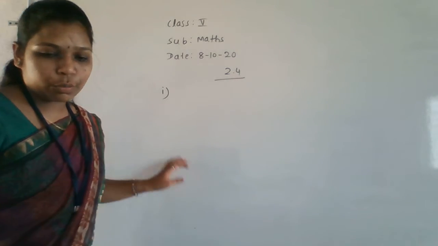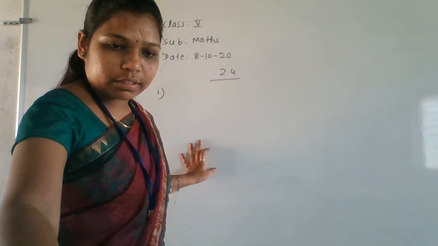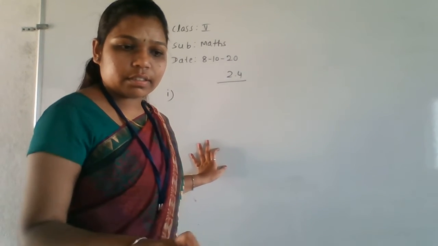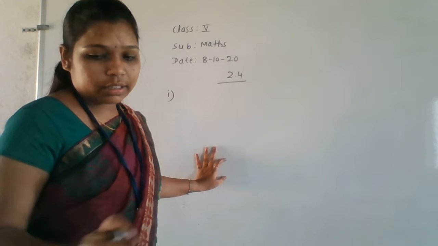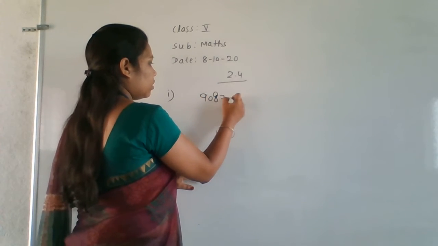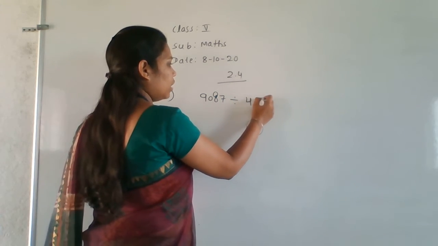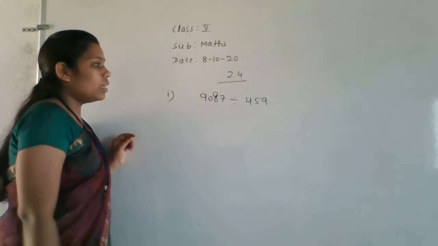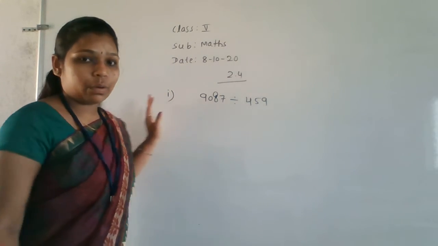Next here, 2.4 I problem. In that we are having, first one is 9087 divided by 459. Okay, 9087 is divided with the 459 value.